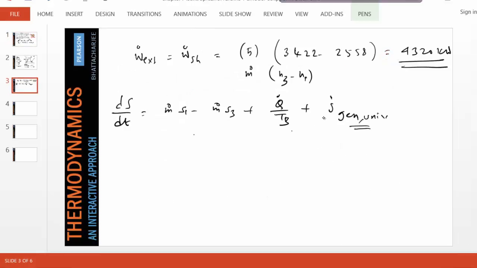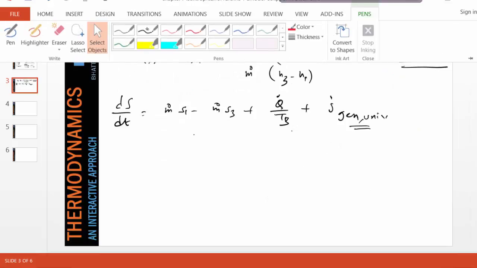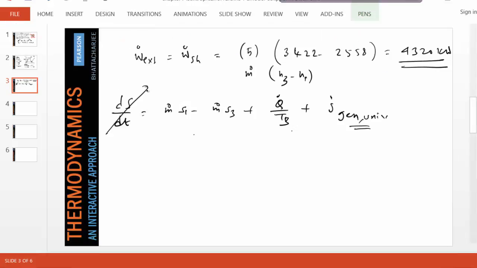If it is internal entropy generation, then the boundary will be fitting just the H2O inside. With that in mind, we analyze and recognize that at steady state this term goes away, and it's adiabatic. So it doesn't really matter where the boundary exactly passes, because there is no entropy generation due to heat transfer. Therefore, the entropy generation rate turns out to be simply m dot times S3 minus S1, and S3 and S1 have been already calculated.